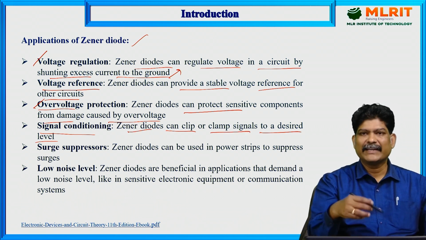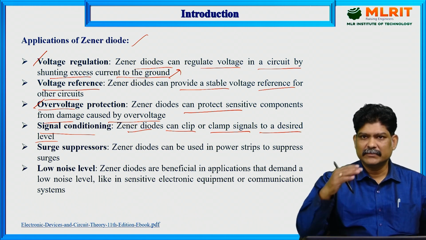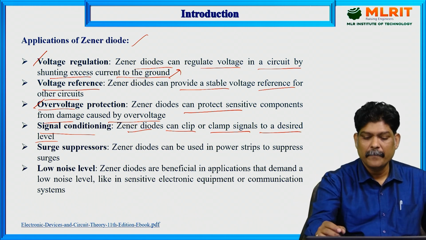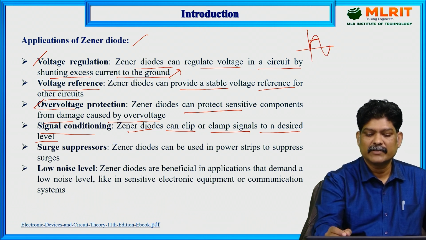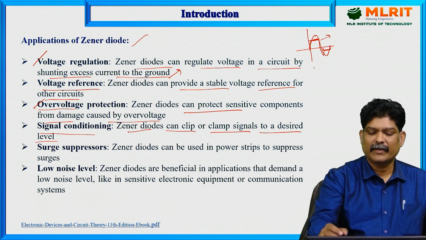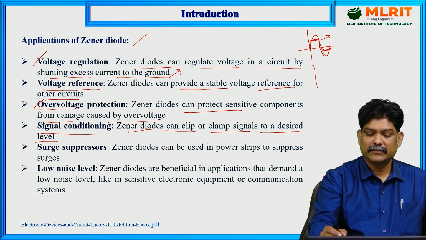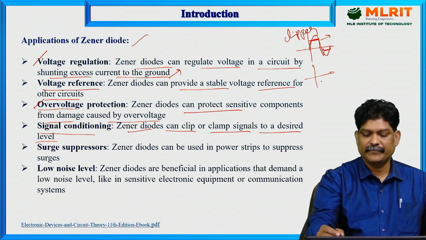What do we mean by clip and clamp? Clipper means some part of the data can be clipped: I want this much only, so I can use clipper circuits. Clamper means adding a DC voltage.